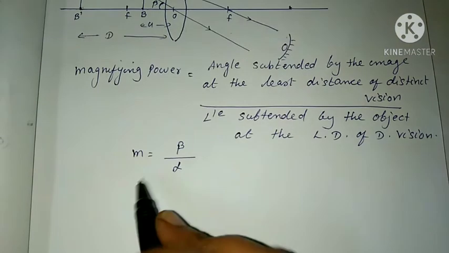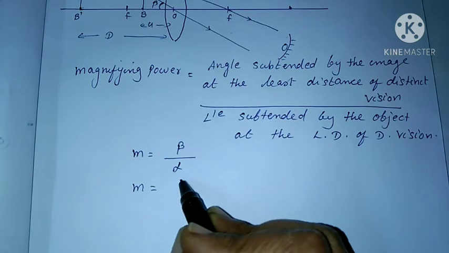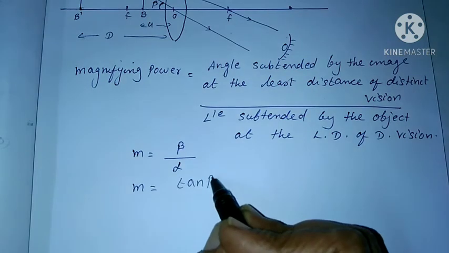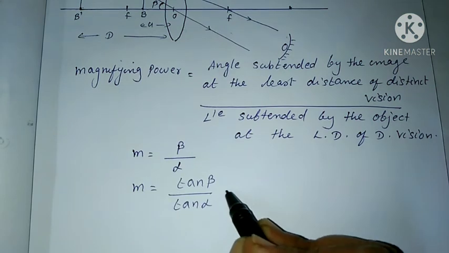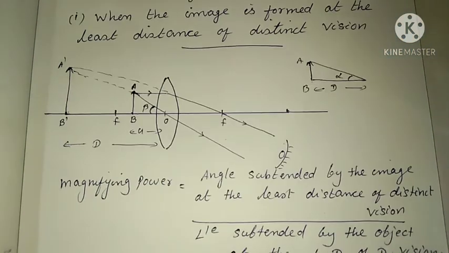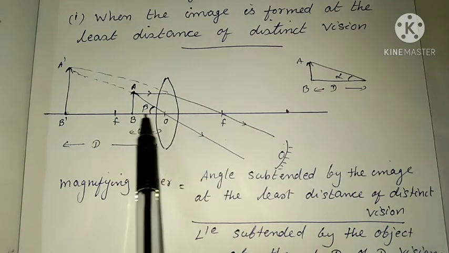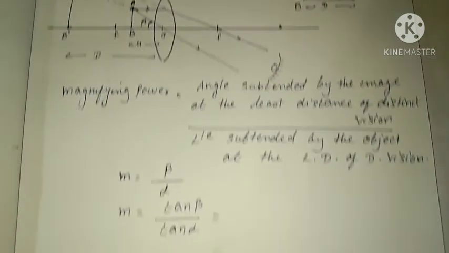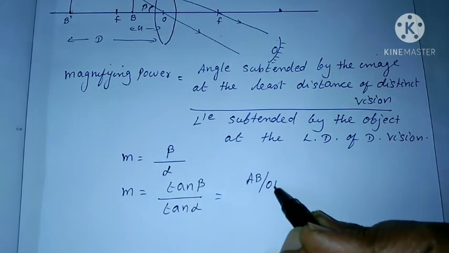For small angles, beta tends to tan beta and alpha tends to tan alpha. So from the figure, what is tan beta? Tan beta equal to AB divided by OB.